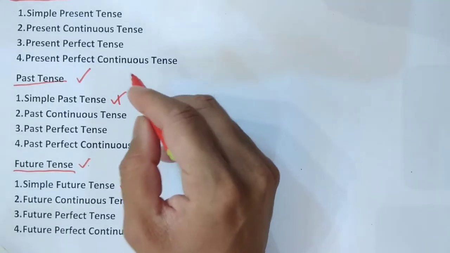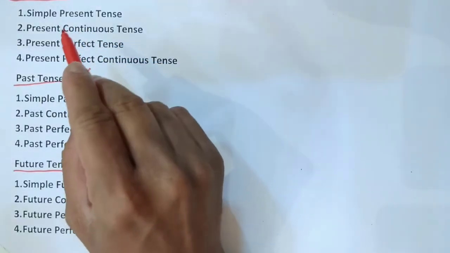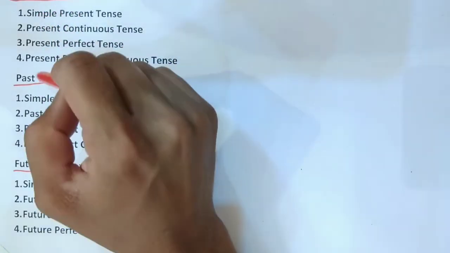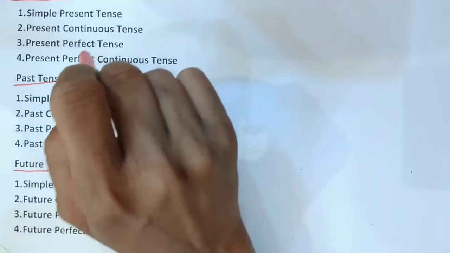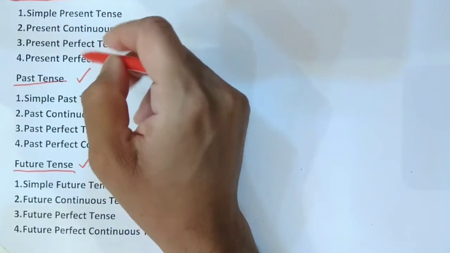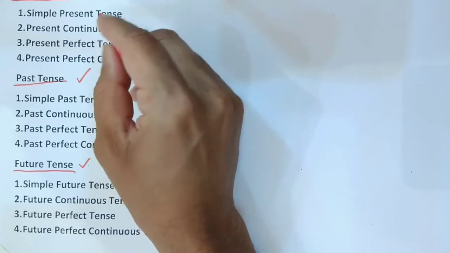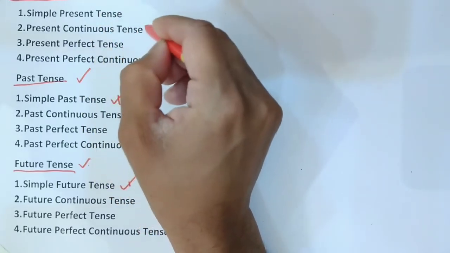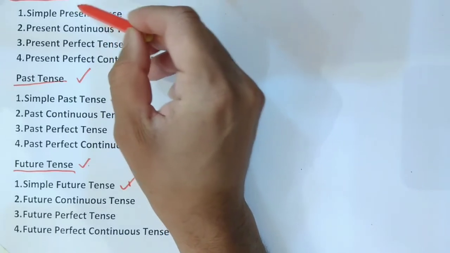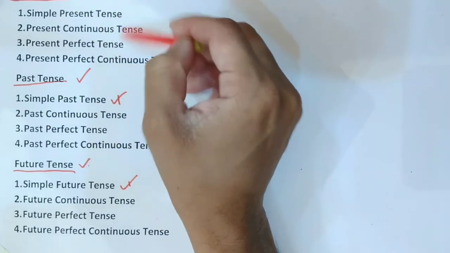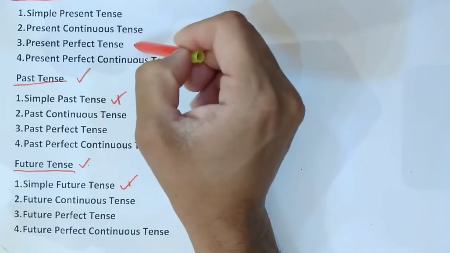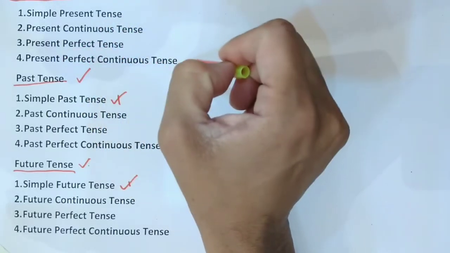But still, we are going to consider we have three major types of tenses: present tense, past tense, and future tense. And when we study these three major tenses in detail, we have four subtypes of each major tense. For example, in the present tense, we have simple present tense, present continuous tense, present perfect tense, and present perfect continuous tense.